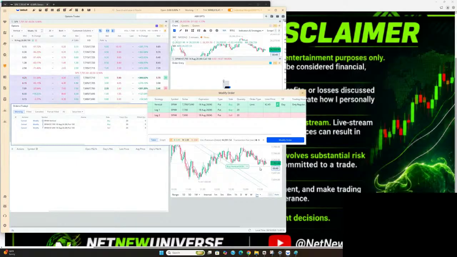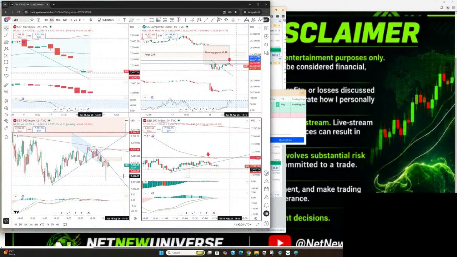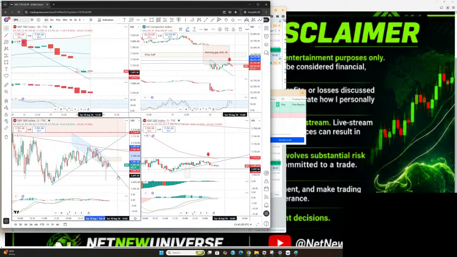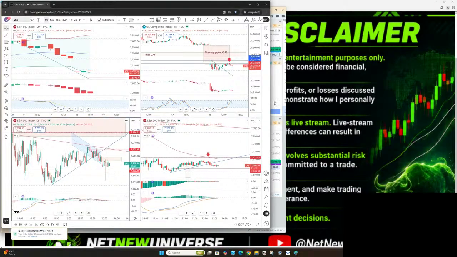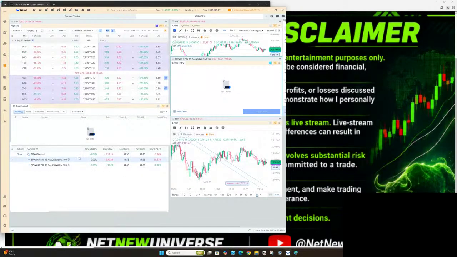The only worry is this one. Okay, that one will get filled. So let me look at the chart. Okay, let's use this one so I can see the candle. There, it's supposed to give me the fill. Okay, got the fill. Let's exit this one.